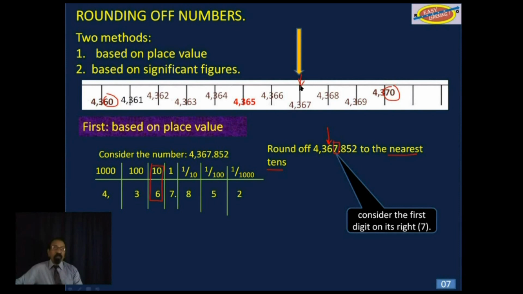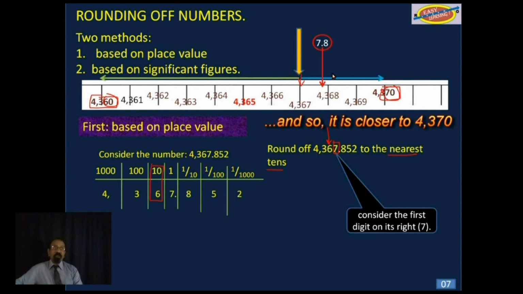Are we closer to this 10 on the right hand side here, 4,370? Or are we closer to this 10 on the left hand side here, 4,360? As you can see, that green line is longer than this blue line. You could even take into account the two digits on the right hand side of where you are rounding off, but really all we need is 1, just a 7.